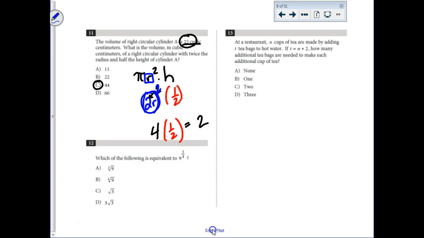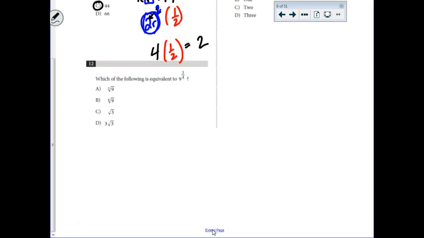All right, 12. Oh boy, this question. You know how many times I've done this question? Okay, so we have 9 to the 3/4 power, which doesn't look too bad, does it? No, not at all. And then I look at my answers and I notice that they're in radical form. So then I have to remember how to convert from rational exponent form to radical form.